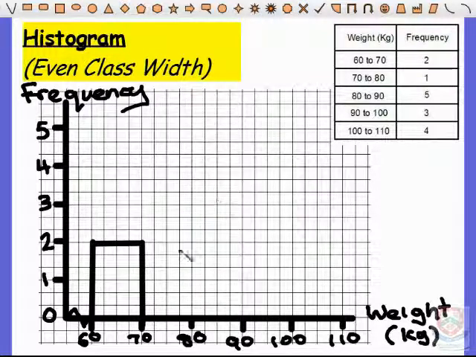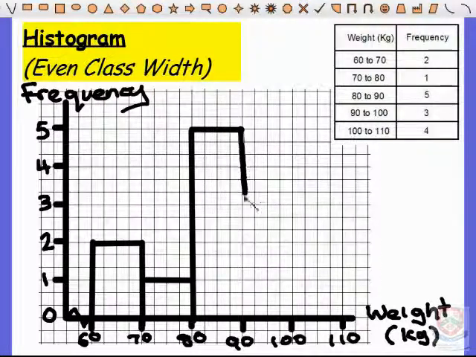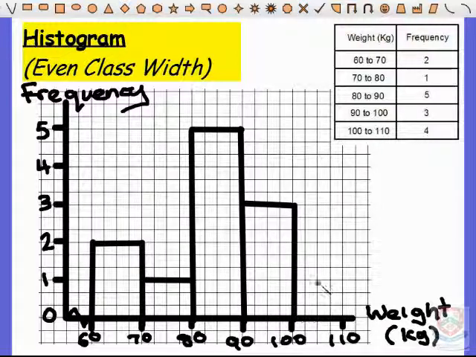Between 70 and 80, so between the next 2 lines, we have a frequency of 1. And continue for each set of grouped data, making sure that each of the bars is between the lines that we specified on our scale. Now, this is a form of frequency polygon.